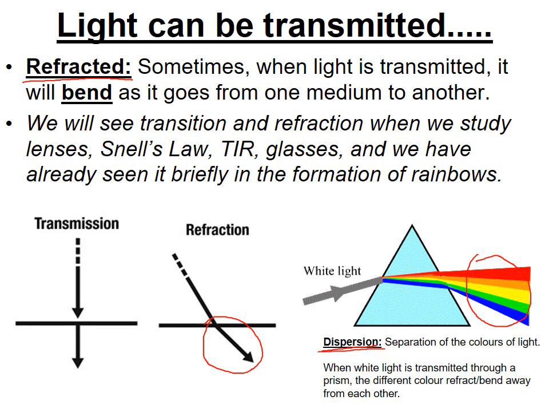Dispersion meaning separation. And so that's what allows us to see all the colors of white light because of that bending or refraction that happens. And that will relate to concepts that we study later on, such as lenses, Snell's law, total internal reflection, and other applications like glasses.